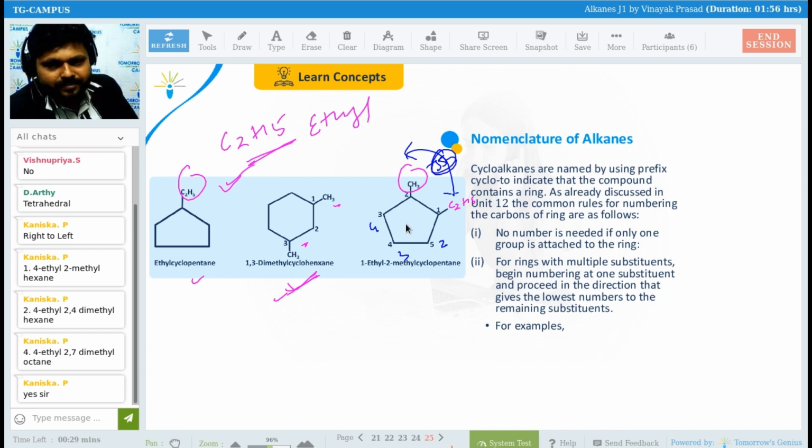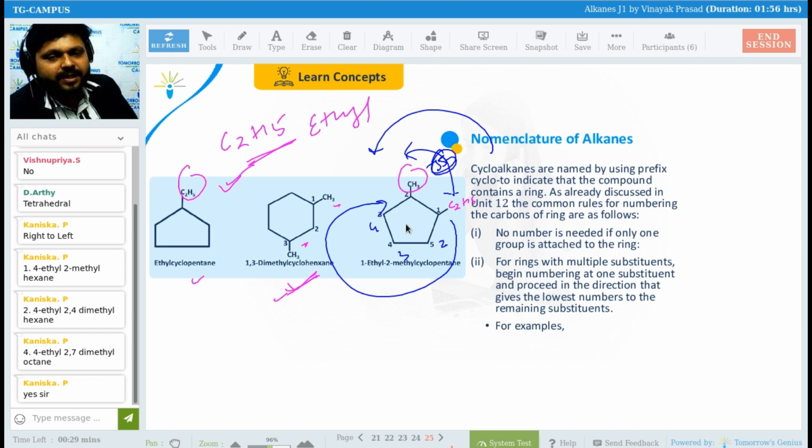If you move like this, it will be the right option. If you move like this, it will be wrong, because at the fifth position we would get this CH3. So it's better to have 1 and then 2. It's ethyl, so we have taken the nomenclature system according to alphabetical order. So ethyl comes first, then methyl. Is it okay? Any doubt to anyone?